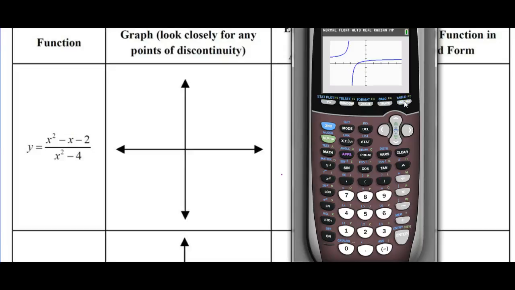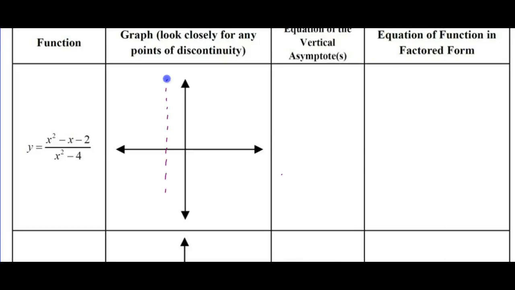So we're looking here at -2. We've got something going on. This is x equals -2. Where's our horizontal asymptote? Y equals 0.